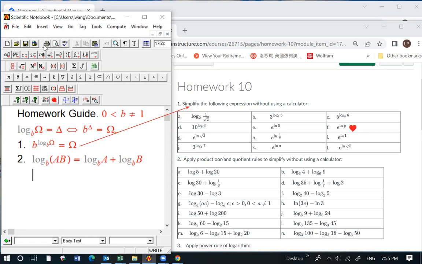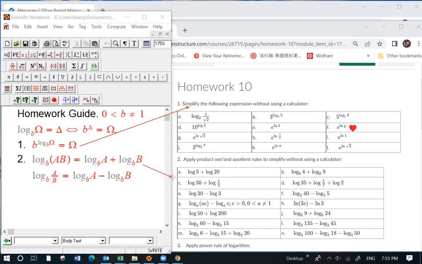And the next property that we talk about in these lessons is log base b of A divided by B equals log base b of capital A minus log base b of capital B. So the exercise over here is using these properties.